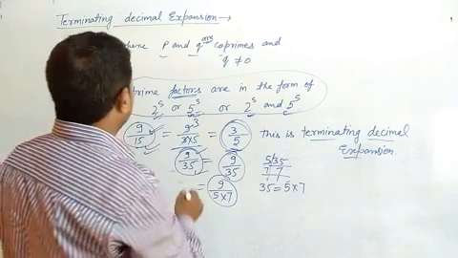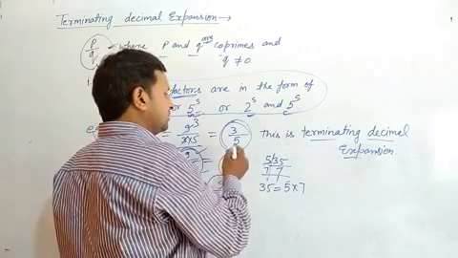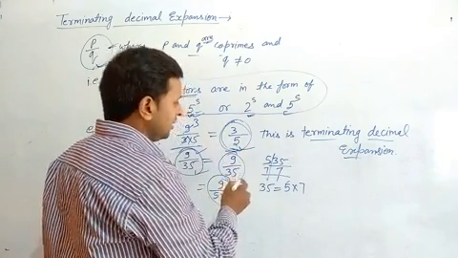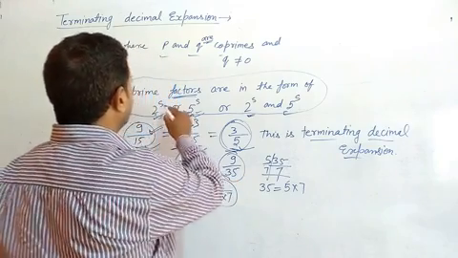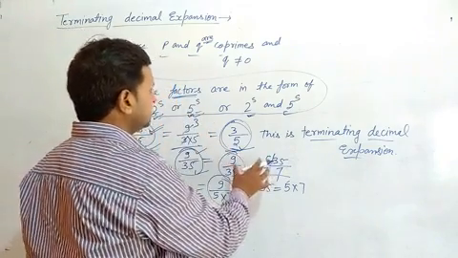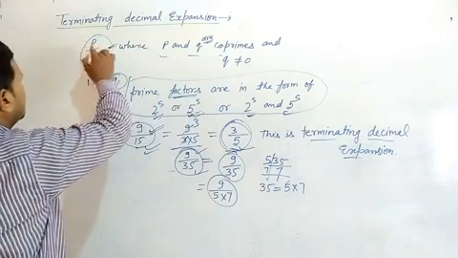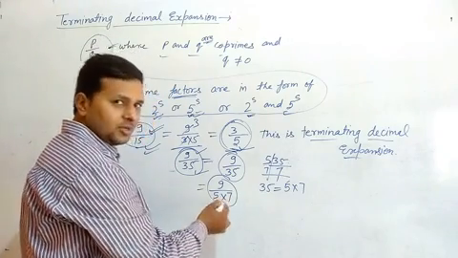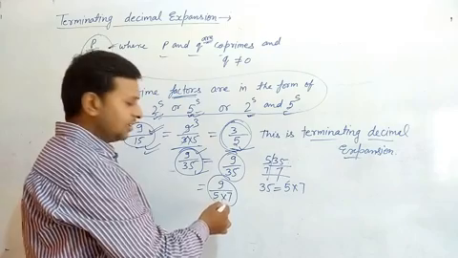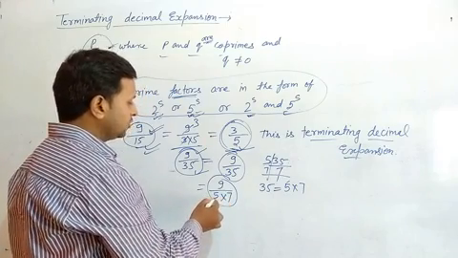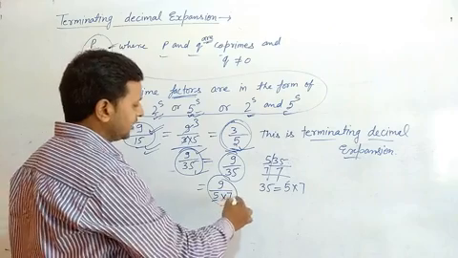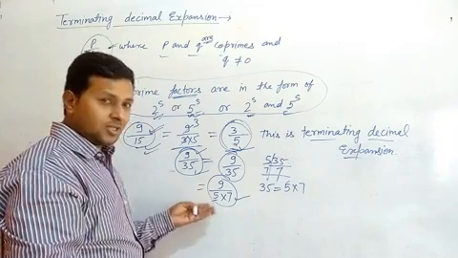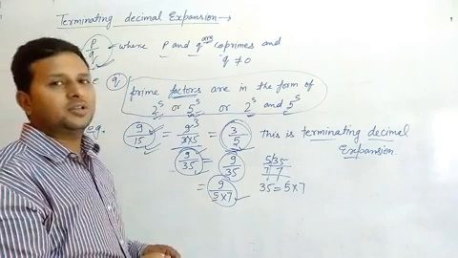After that, selecting denominator, we have to factorize it, and if we get only 2's or 5's in factor, then we can say that this question is terminating decimal expansion. If we got another digit also besides 2 or 5, then we can say that it is not terminating decimal expansion. Then it should be called non-terminating decimal expansion.